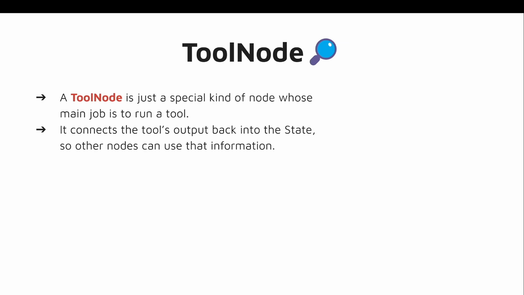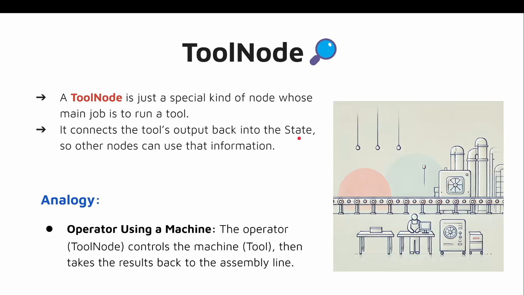So it connects the tool's output back into the state so other nodes can use that information. Think about this analogy, going back to the assembly line. Imagine the operator as the tool node, and it controls the machine, which is the tool, and then sends all of these results back into this assembly line.